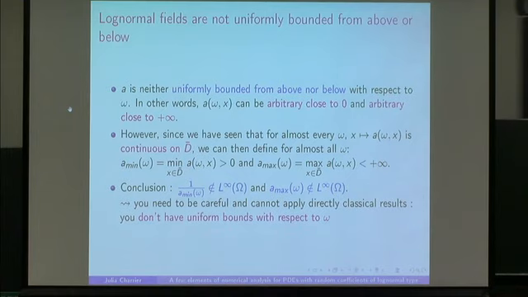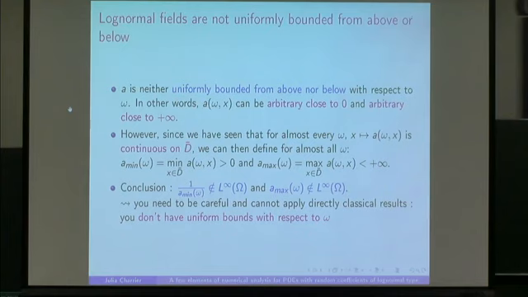Now there is an issue which is very specific to log normal laws. I said previously that numerically you could see on the picture that there were values very close to 0 and very big values.